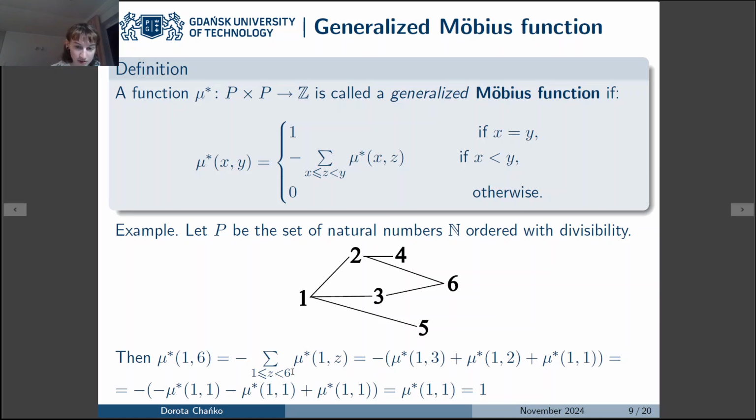So I just take the factors of 6 here. It's 3, 2, and 1. This is our sum. And we apply the definition again to μ star 1, 3 and μ star 1, 2. I take the factors of them, so the numbers that are smaller than them when ordered with divisibility. And we are left with just μ star 1, 1, which is 1 in the end.